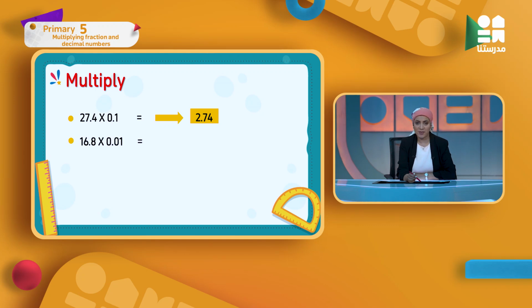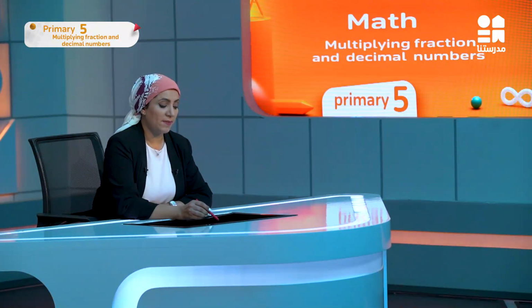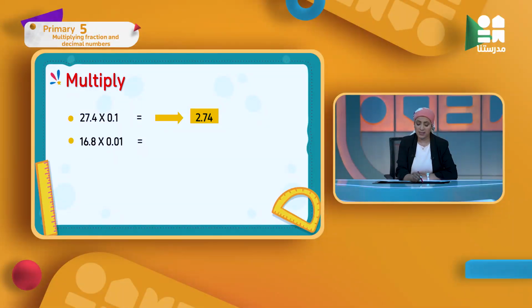The other question that comes after this, almost the same idea. Here, 16.8 times 0.01. Again, take away the decimal point. The number that I have now, 168 without decimal point, 0.01 without a decimal point, meaning 1 only. So 168 times 1 is 168. But here I don't have 2 decimal places only.